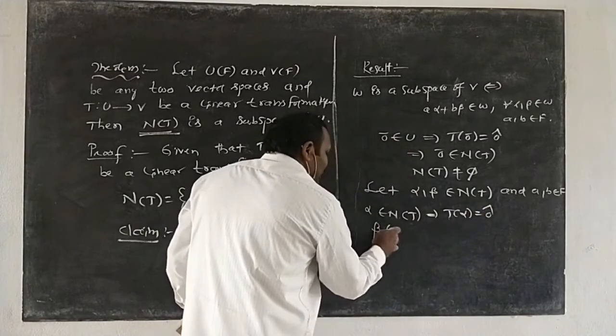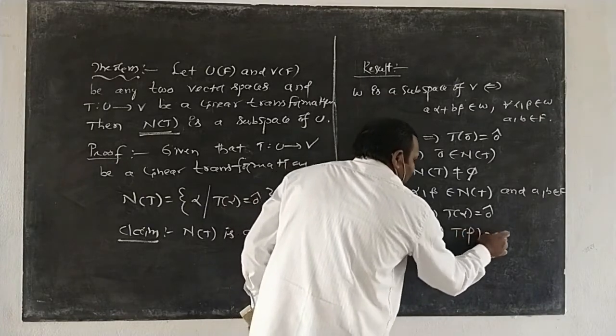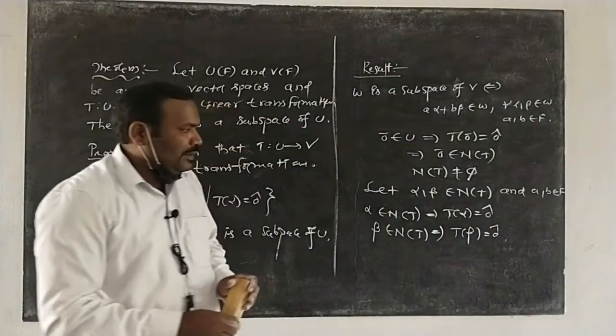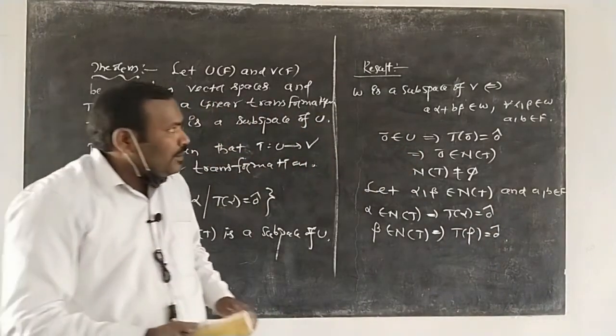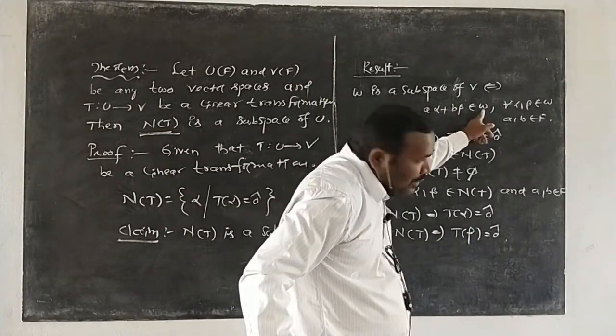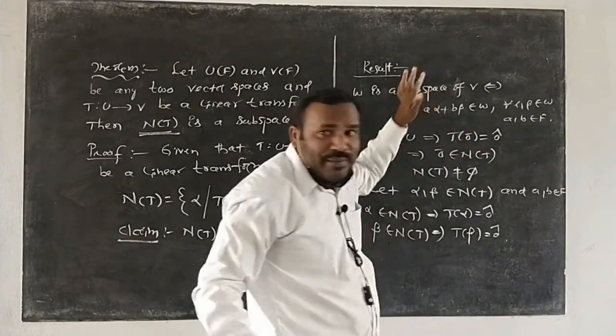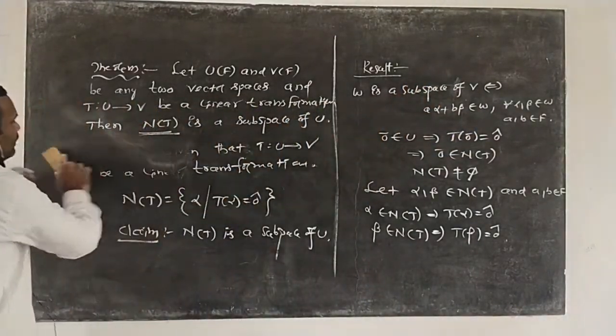Beta belongs to N of t implies T of beta equals 0 cap. You take A alpha plus B beta.